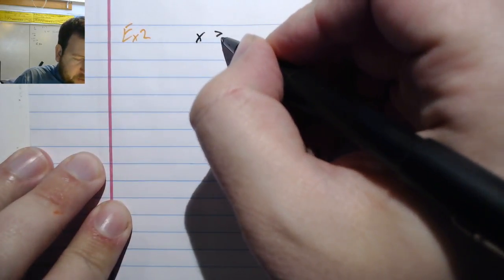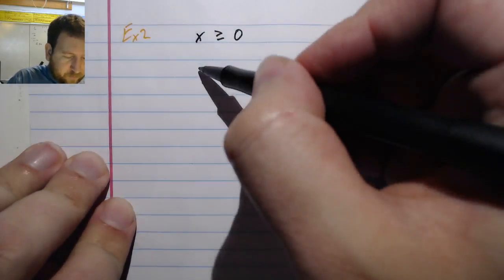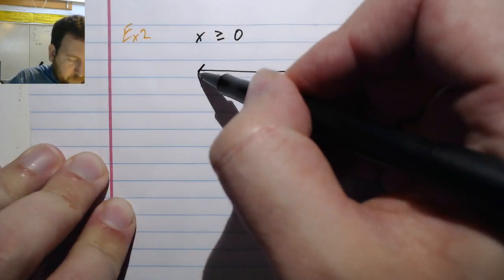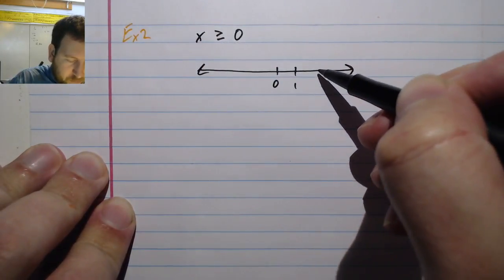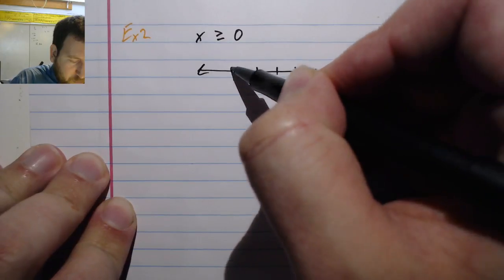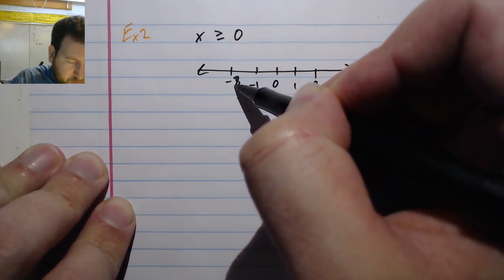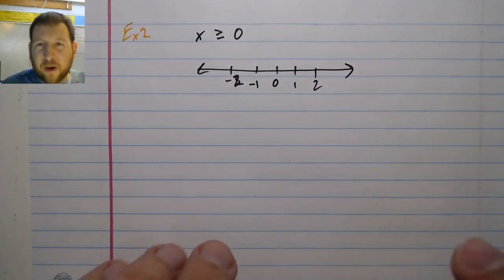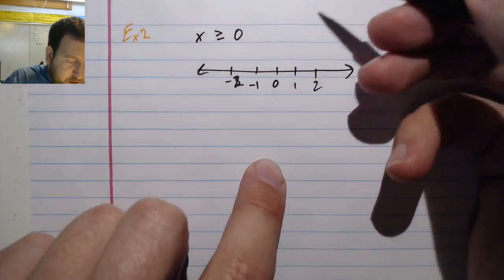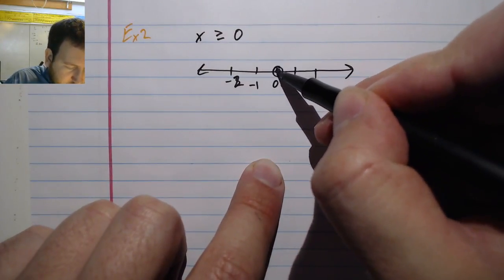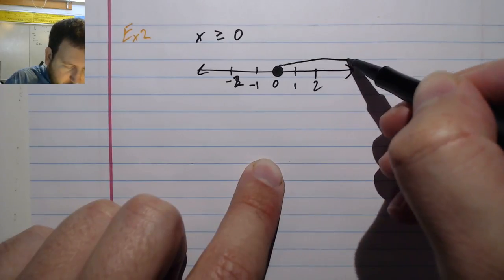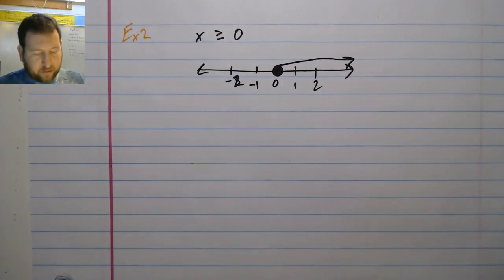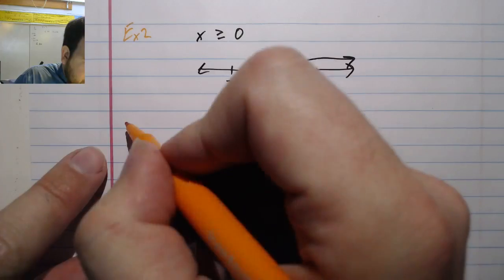X is greater than or equal to 0. Oops, wrote the wrong number. Would probably help if I can count. X is greater than or equal to 0. Got my 0. Just going to color it in. X is greater than or equal to 0. Nice. Last example.